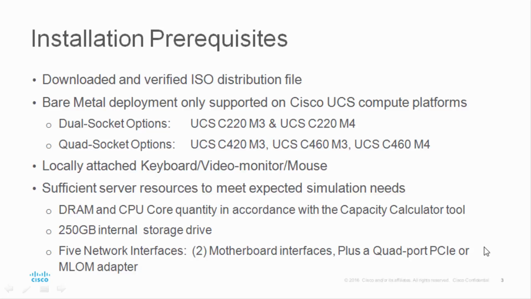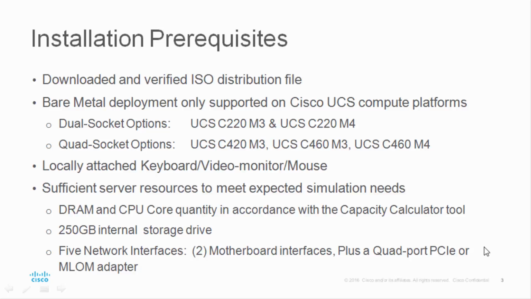Because the software interacts directly against the hardware, it's important to utilize servers on which Cisco Modeling Labs has been explicitly tested and validated. This ensures predictable behavior and assures Cisco's support engineers the ability to deliver customer assistance. For low to medium-sized simulations, the dual-socket Cisco UCS C220 M3 and M4 servers offer good performance within a minimal rack space.